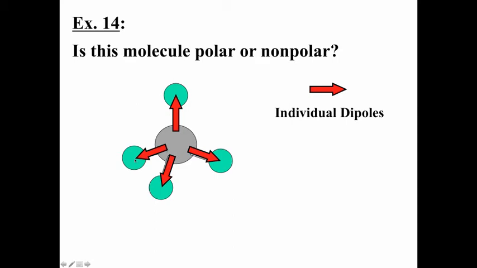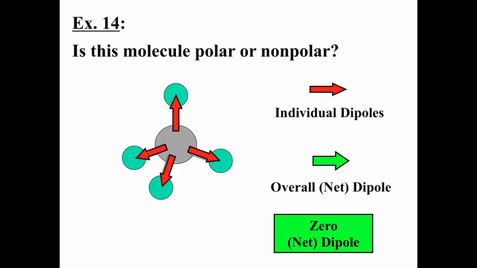And so this pull, that pull, that pull, and that pull of electrons towards the fluorines, they essentially all cancel each other out, and the overall net dipole, which we could represent by an arrow for the whole molecule, turns out that there isn't any.